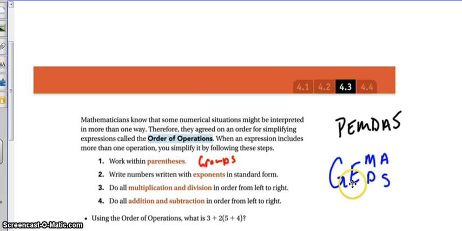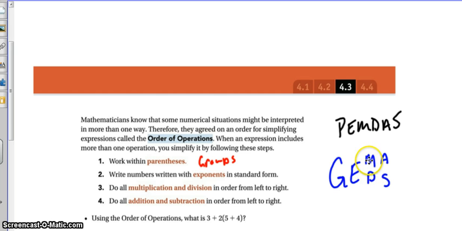So we're going to solve everything within the groups first, and then we're going to write all numbers in exponential form in standard form. What that means is if we see 2 squared, we make it a 4. And then from there, we move into the multiplication and division in order from left to right. We do both in the order that they appear in the problem, which means if we have division before multiplication, left to right, we do the division first, not multiplication first.